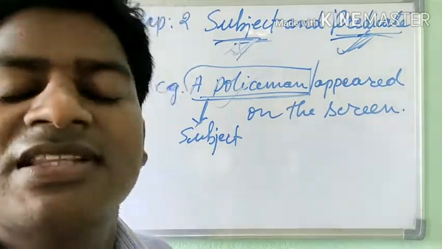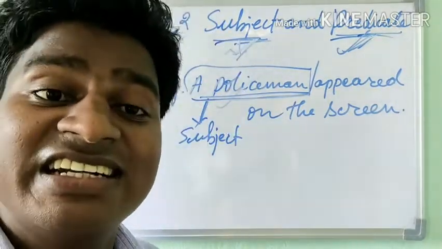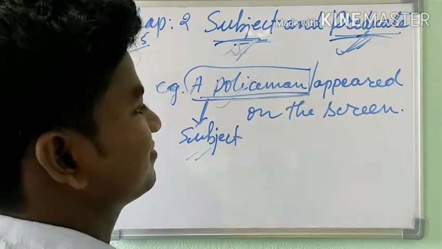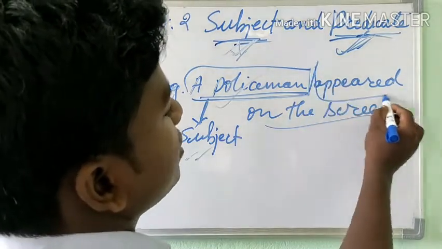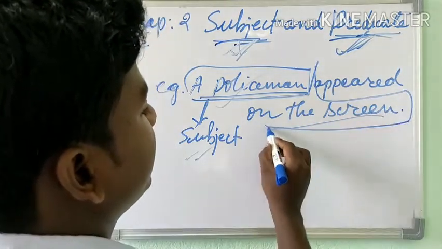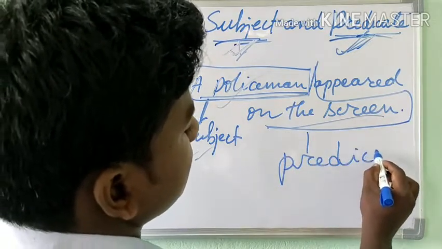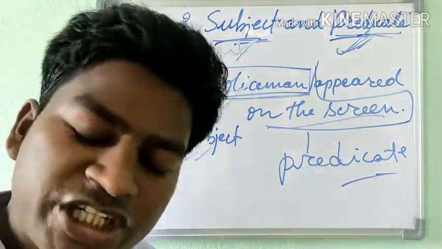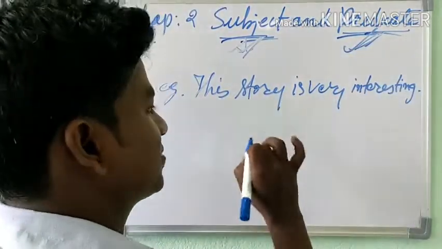What is predicate? The part of the sentence that tells something about the subject. Appeared on the screen. So the rest of the part till here is predicate. Predicate. Clear?